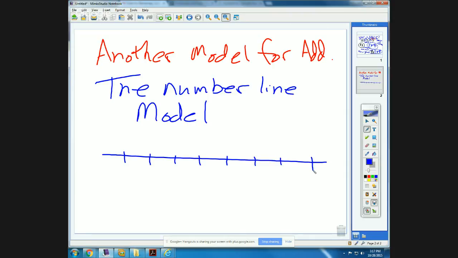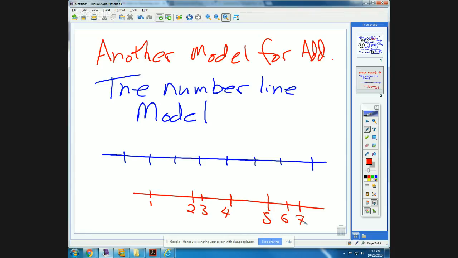And by the way, can any line with marks I make be a number line? The answer is no. So the blue thing would be an okay number line, a pretty good number line. This red thing, that would be a really bad number line.